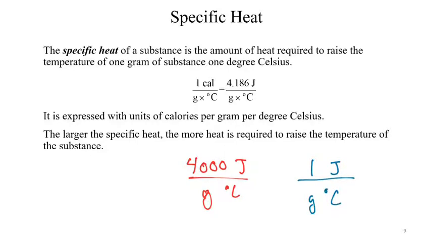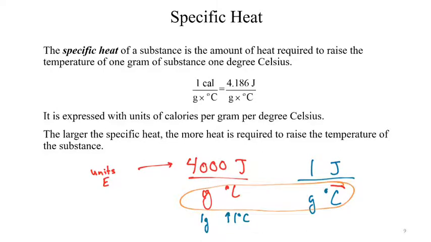What this is saying is I have to put in 4,000 units of heat, or units of energy, to make 1 gram go up by 1 degree Celsius. Okay? Since we're comparing these two systems, the bottom of these is the same. The top is really what's different. I have to put in 1 unit of energy versus 4,000 units of energy.